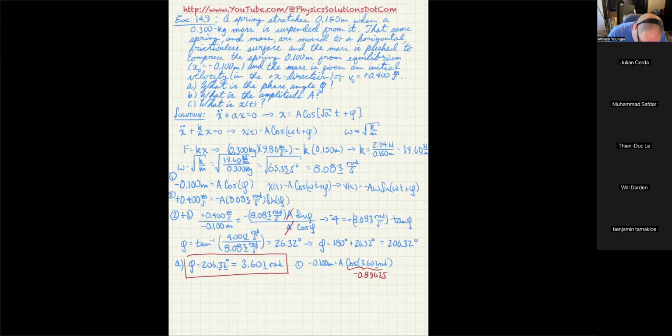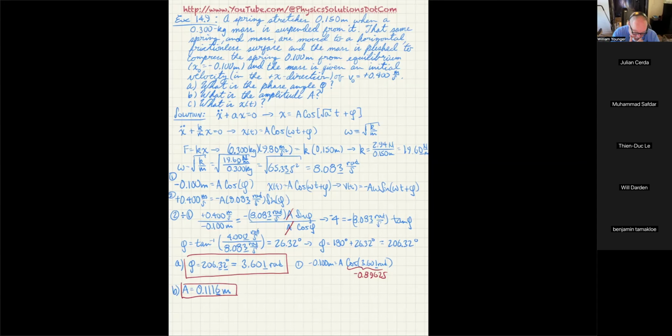And that gives me A is equal to 0.1116 meters, and that's part B. So I can put B here and box this off. So now we have the amplitude, and of course I added one extra digit beyond the sig figs, so I should underline that.